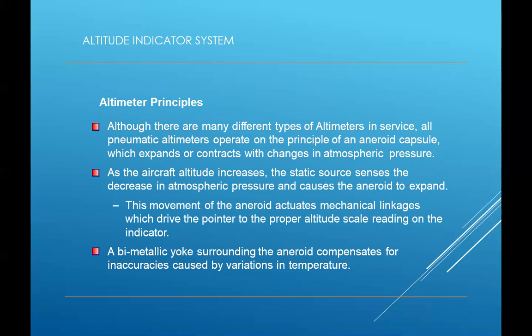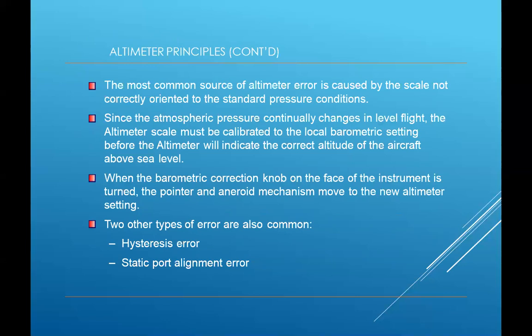This movement of the aneroid actuates mechanical linkage which drives the pointer to the proper altitude scale reading on the indicator. A bimetallic yoke surrounding the aneroid compensates for inaccuracy caused by variation in temperature.